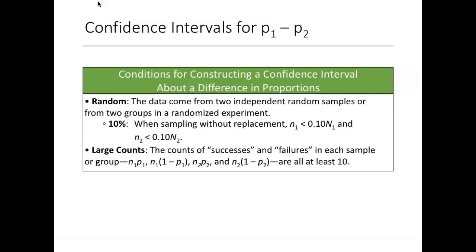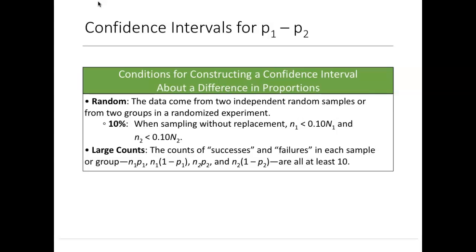So if we want to make a confidence interval for P1 minus P2, here are the conditions that you have to check. Random. You're used to this. Just make a statement that the data come from two independent random samples or from two groups in a randomized experiment. The 10% condition, you now have to check for two samples.